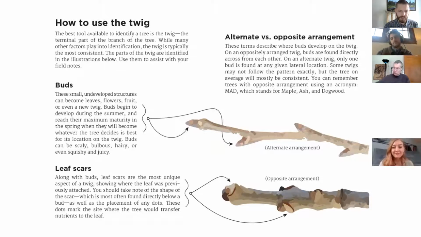Buds are on the tree almost year round. They show up around early summer, I would say, after flowering and fruiting has come to a completion, or at least the fruits are on the tree. That's typically where buds start to develop.